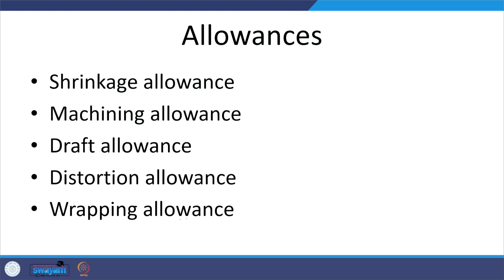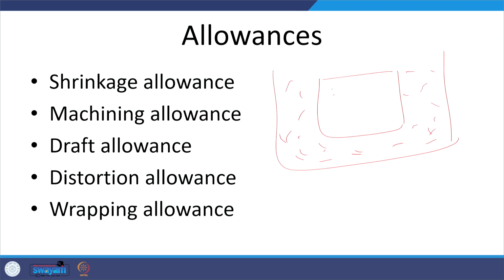Then the wrapping allowance. Sometimes what happens, say this is the pattern, okay, and the molding sand is all around this and it has been rammed. Okay. So, now once it is rammed, the molding sand will be attached and maybe adhered to the pattern surface very firmly. So, taking the pattern out of the mold without damage will be difficult.